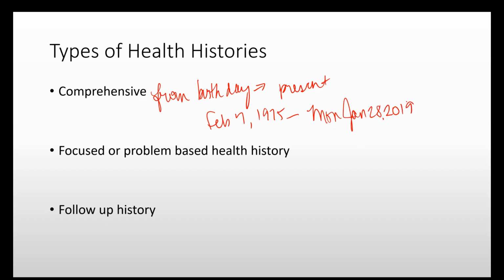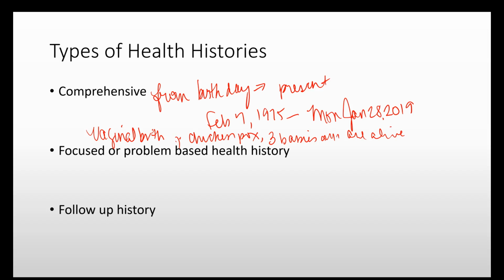So literally, this includes everything from the fact that I was a vaginal birth, I had chickenpox as a kid, I've had 3 babies, all of which are alive. All of those things go under the comprehensive assessment.